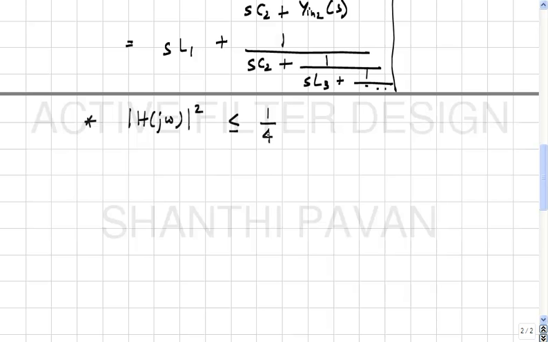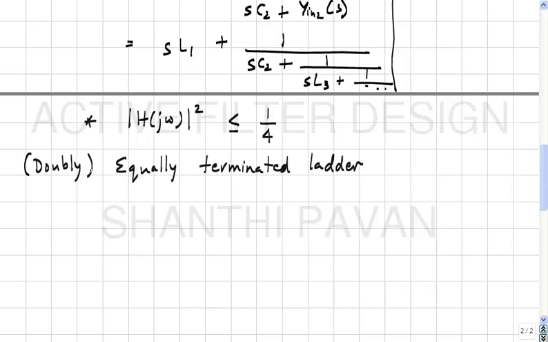Okay. So this basically means that for an equally terminated ladder, also sometimes called the doubly terminated ladder, you can realize even and odd ordered Butterworth filters.